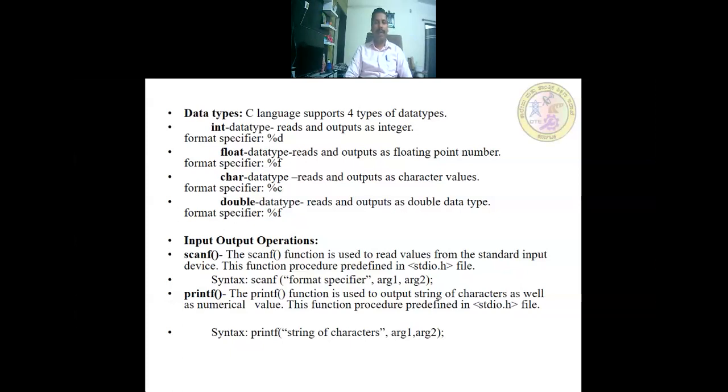The syntax of printf is printf followed by an open bracket and a string of characters enclosed within double quotation marks, followed by argument 1 and argument 2. Here argument 1 is a variable, and argument 2 is also a variable, separated by a comma. This function outputs a string of characters and also the numerical value of the variable.